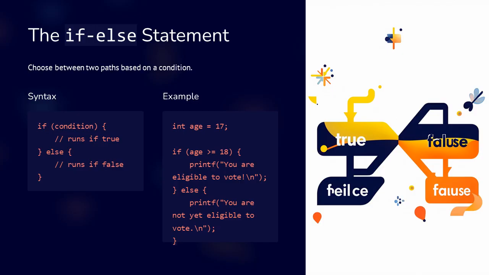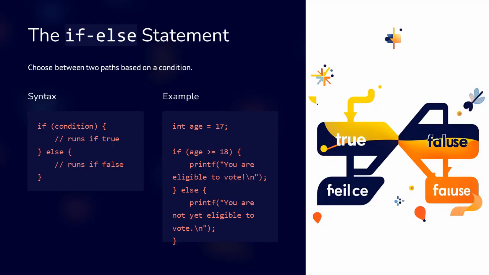Next is the if-else statement. It chooses between two paths based on a condition. Here is the second type of decision making, where we have an if condition for which we have statements for both cases: what if the condition is true and what if the condition is false.